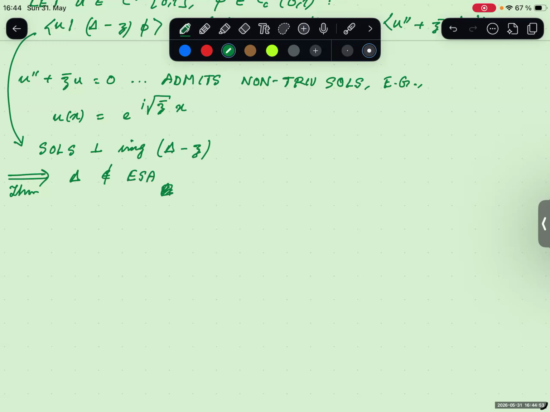So you see that you can use this theorem without working much harder, or with working less. That's the efficiency of this theorem. All right, so now we are more or less at the end of this discussion of self-adjoint operators.